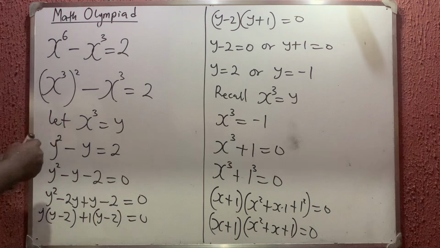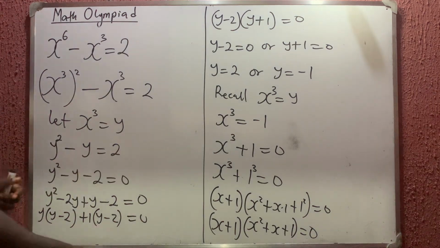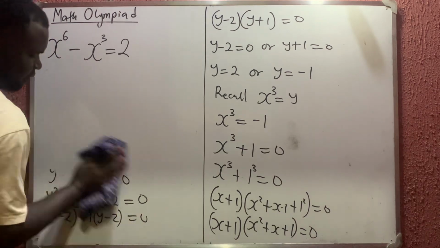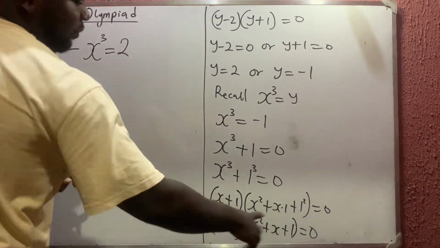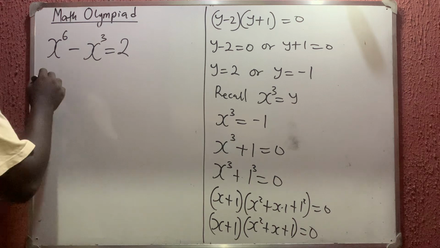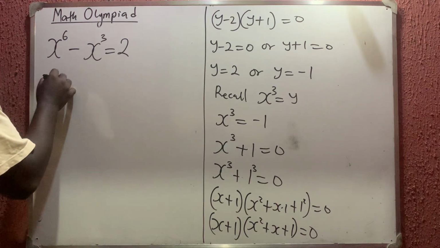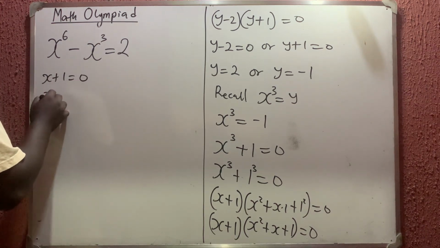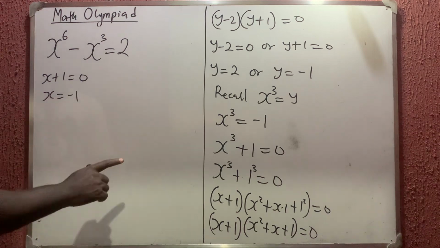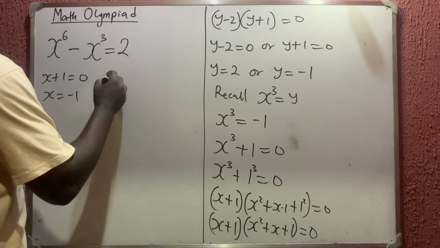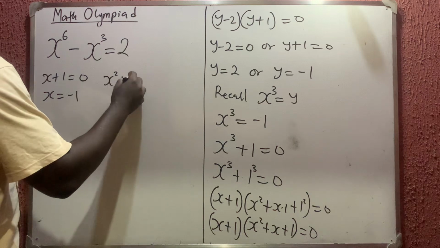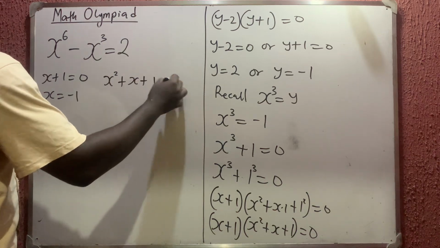When the product of two things is 0, automatically one of them is 0. So x plus 1 is equal to 0, so x is equal to minus 1. That's the first one.